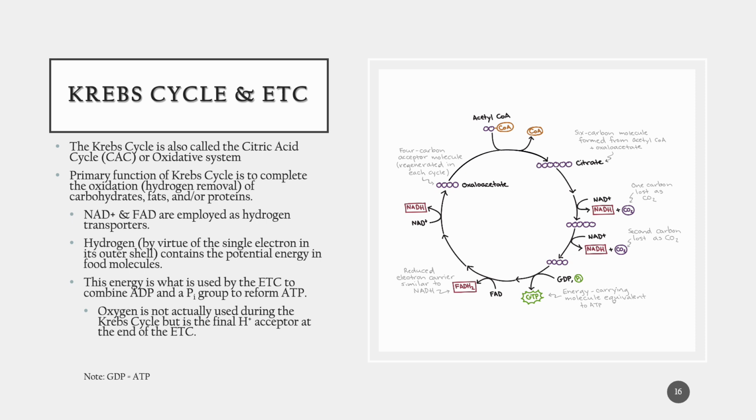GDP and GTP, if you have it printed out, you can go ahead and replace them with ADP and ATP. It's exactly the same thing. Then we have FAD, which reacts to form FADH. And finally, lastly, we have NAD to NADH.